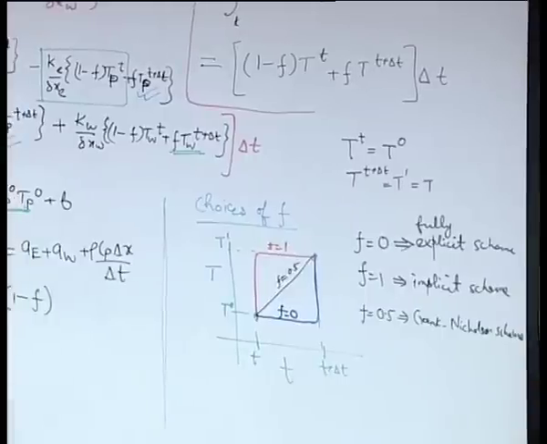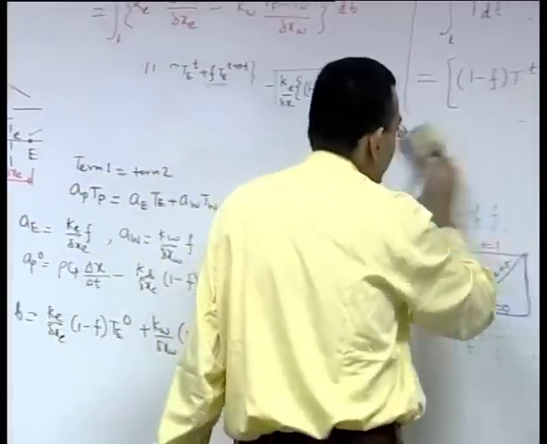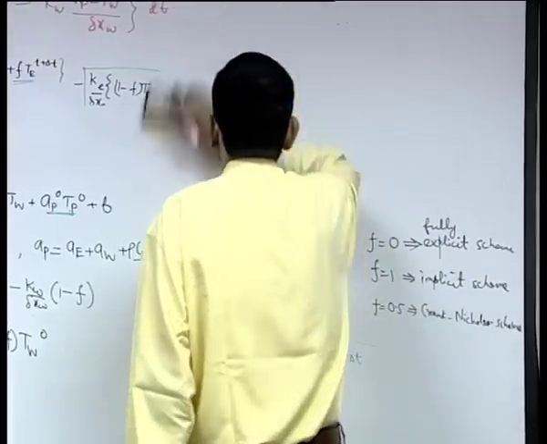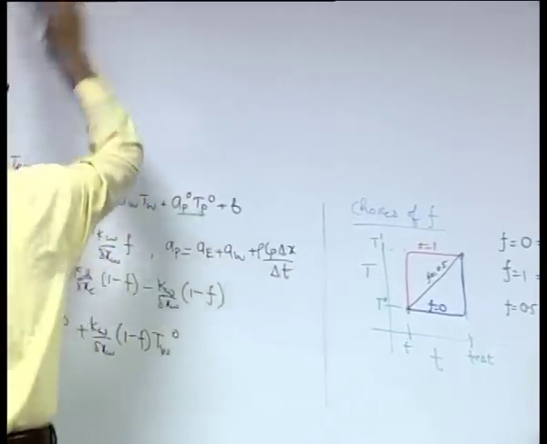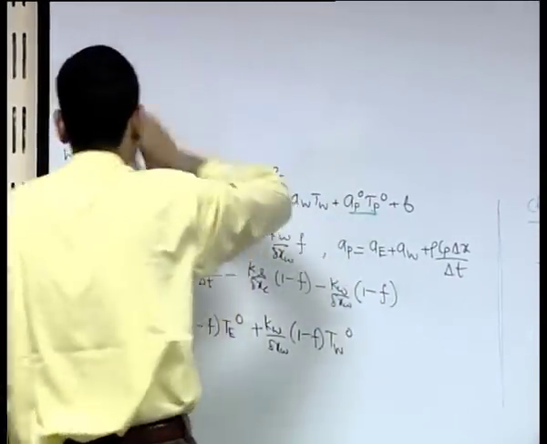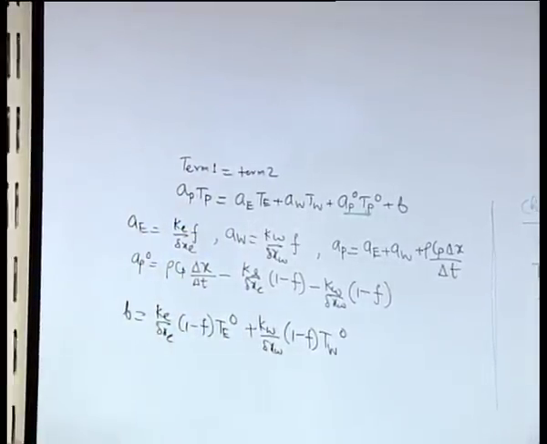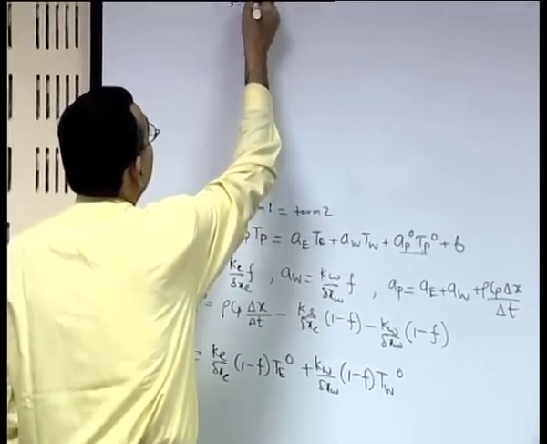Let us try to figure out first the coefficients corresponding to different values of f and see what is the consequence of such coefficients. So f equal to 0.